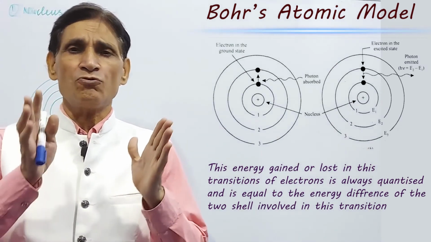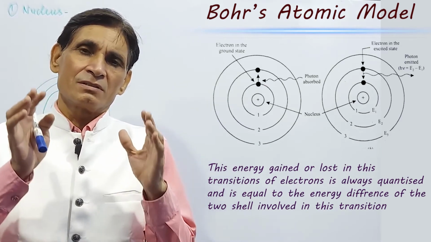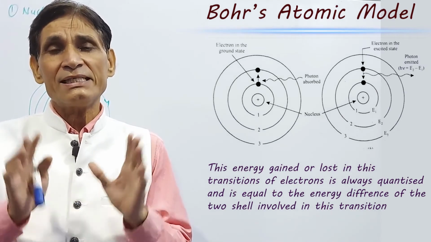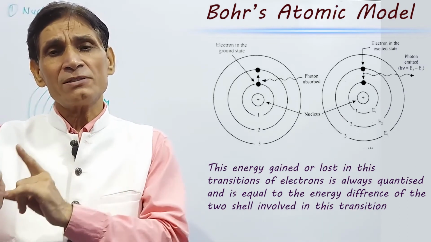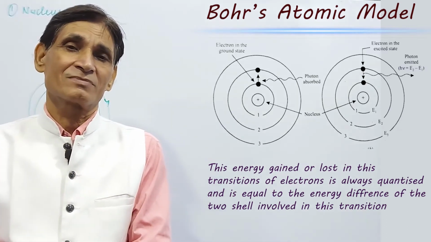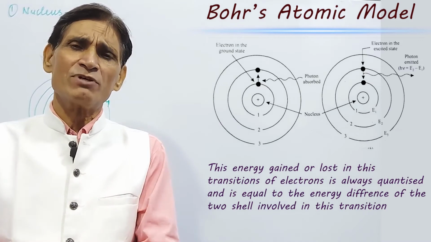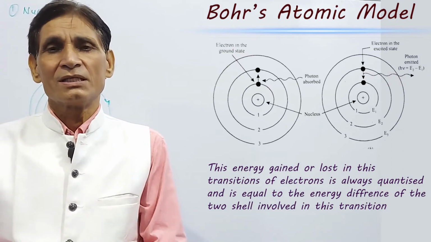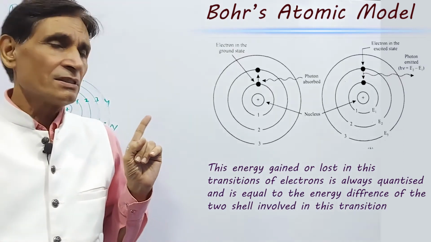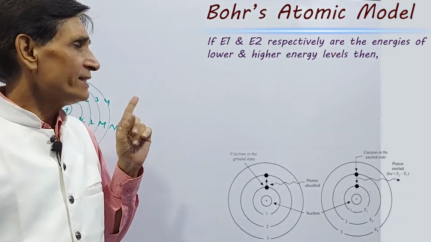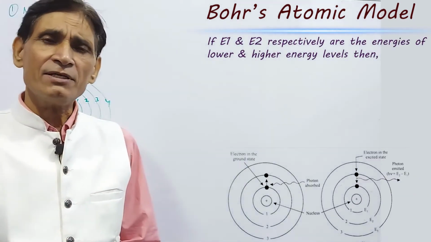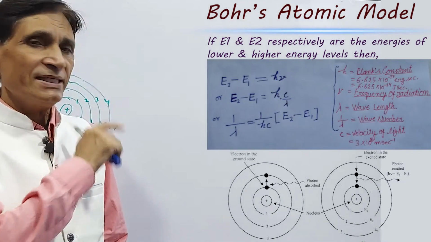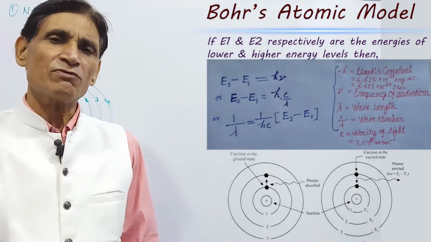This is possible only when electron absorbs energy in the form of radiation of different but specific frequency or wavelength, and the radiation of intermediate frequency are not absorbed by the electron for excitation. If E1 is the energy of the lower energy level and E2 is the energy of higher energy level, then E2 minus E1 is equal to h nu, where h is Planck constant and nu is frequency of radiation.